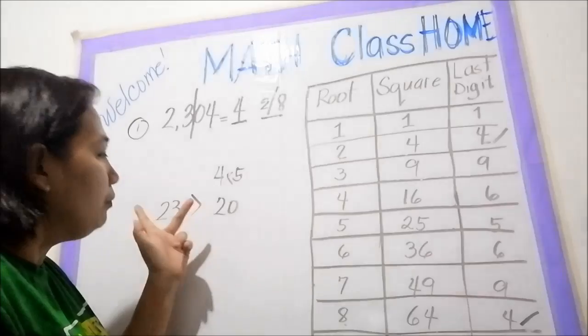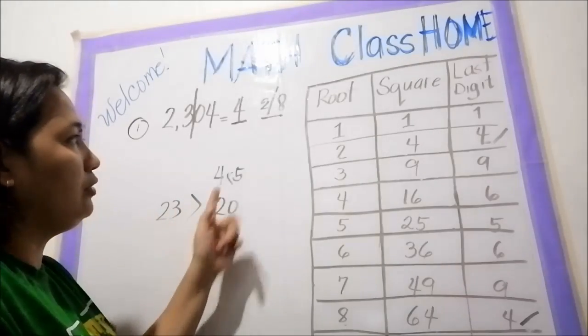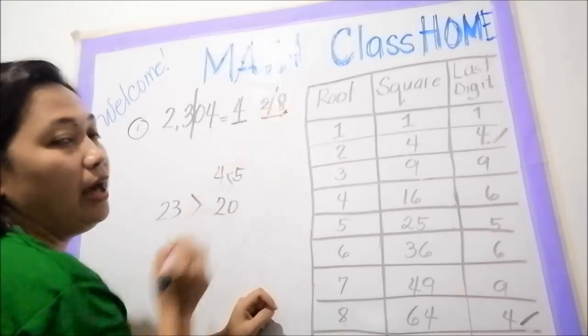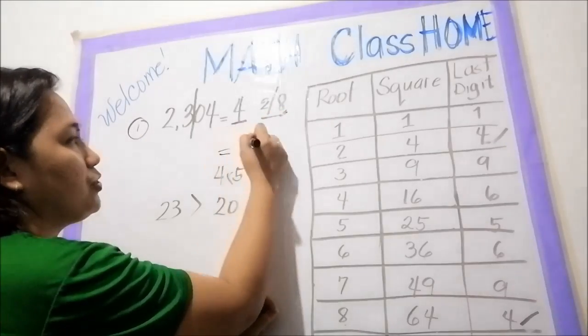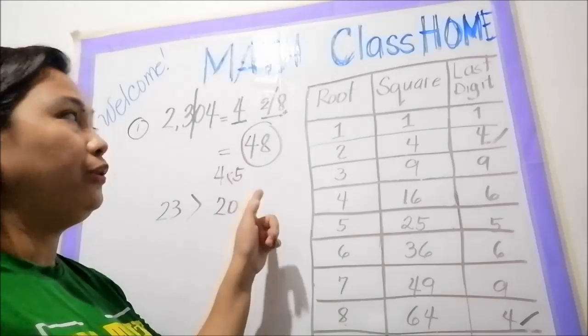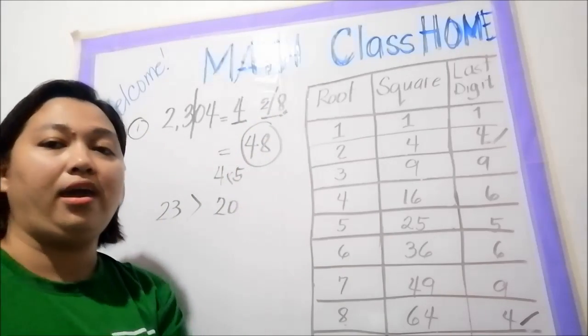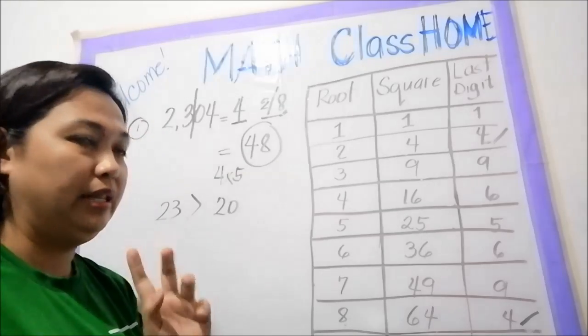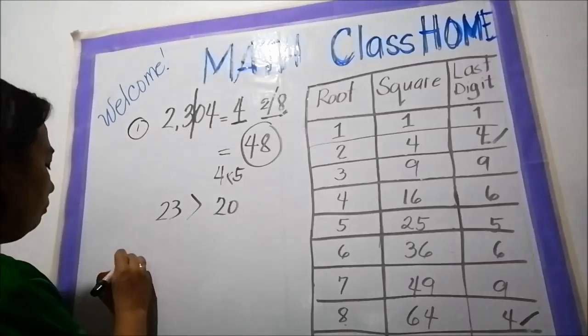Since 23 is greater than 20, we have to choose the greater one here. So the greater is 8. Therefore, your answer is 48. And that is the square root of 2,304. Want another example? Let's have the second one.